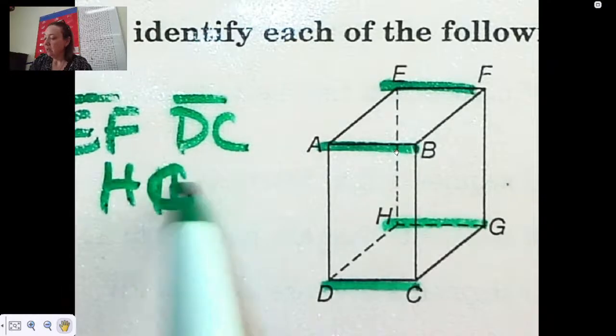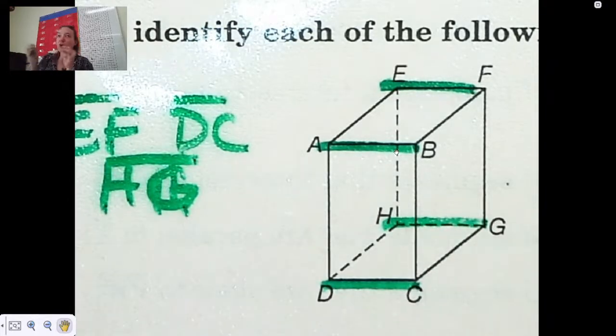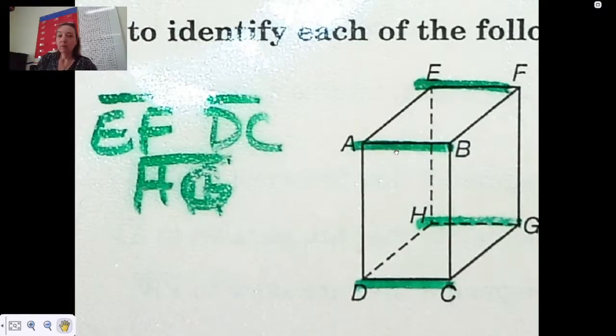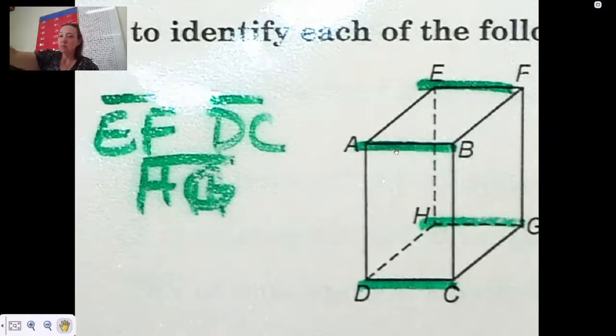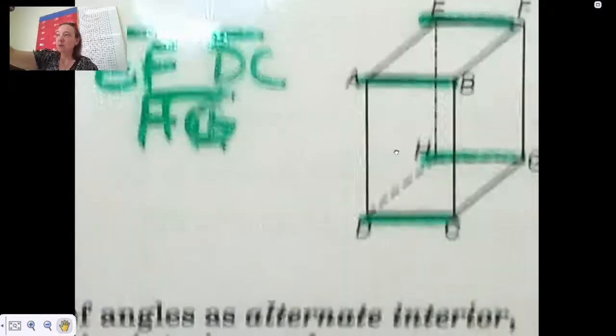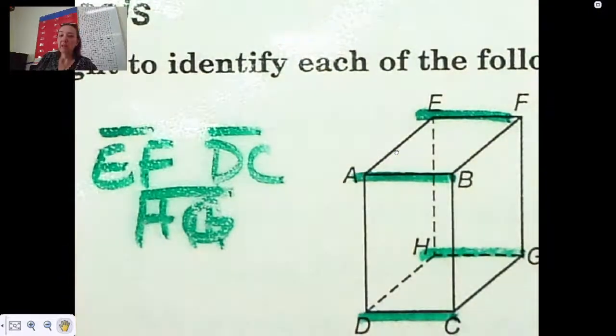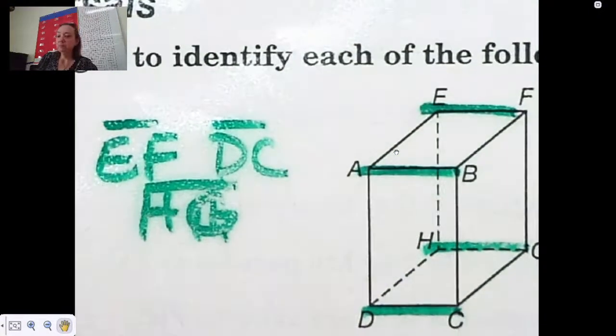HG. My hand and my brain are not connecting today. I am saying things and writing completely different things for some reason. It's a page protector, and I'm using it so I can erase.